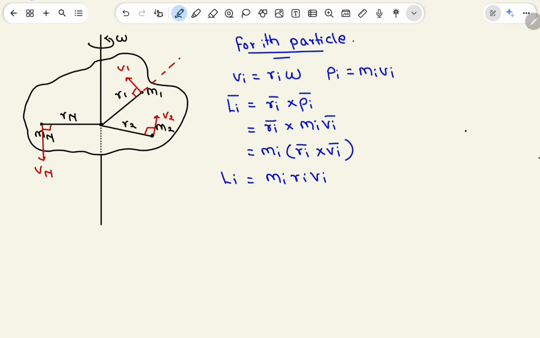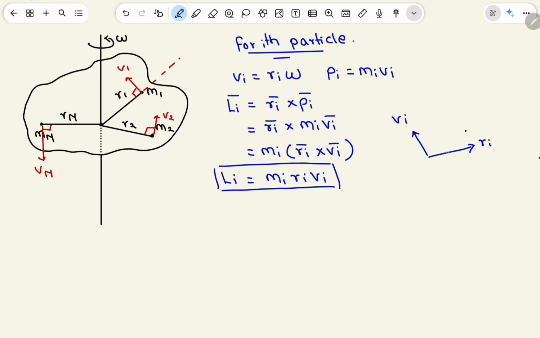But now how to decide the direction? Magnitude is easy, and we have got it: L_i is equal to m_i r_i v_i. How do we get the direction? For that, we use the cross product rule. We can see that all the r_i's and v_i's are in the horizontal plane. So let's say r_i is like this and v_i is like this, and they all are in the horizontal plane. And we have to find out the direction of r_i bar cross v_i bar.